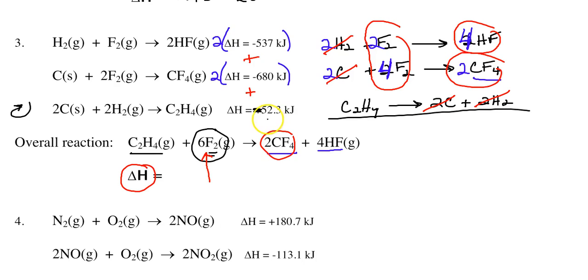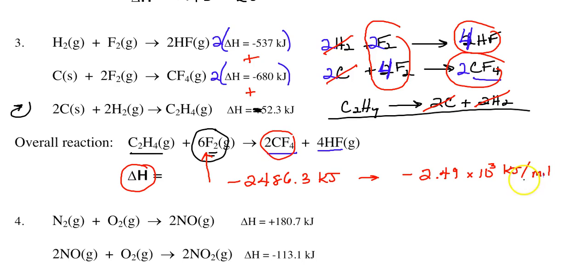Put that in your handy dandy calculator, and what you get is negative 2486.3 kilojoules, which rounded to at least 3 sig figs is negative 2.49 times 10 to the 3 kilojoules. They don't say mole, but we can assume mole.